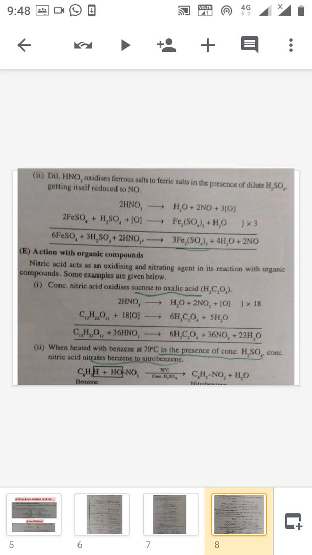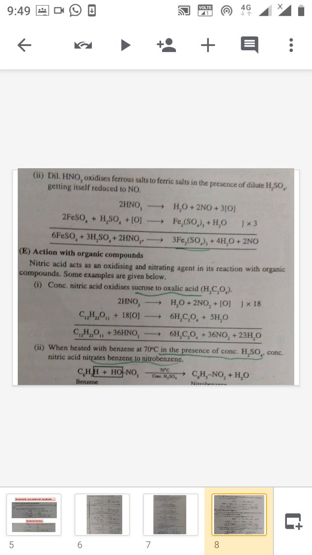The nitric acid reacts with most of the compounds. First is the reaction of the nitric acid with metals which are more electropositive than hydrogen. We have discussed the magnesium, zinc, lead, etc. And next one is the reaction of the nitric acid with metals which are less electropositive than hydrogen. We have discussed the copper and gold and mercury. Then the reaction of the nitric acid with gold and platinum with aqua regia.